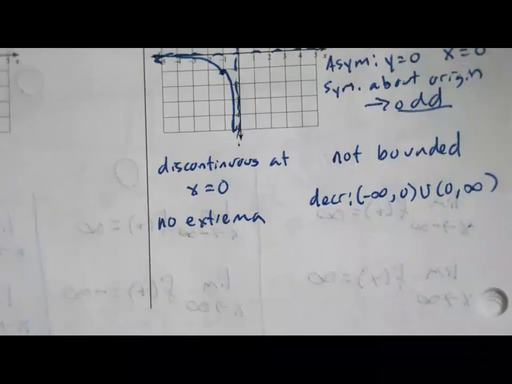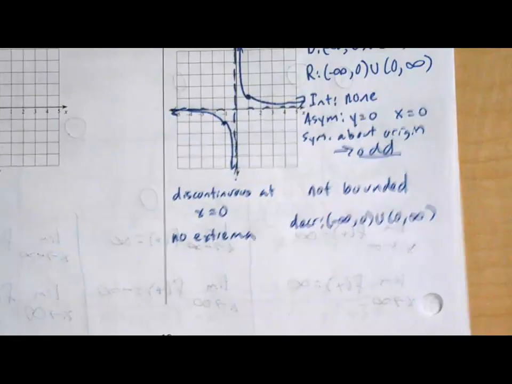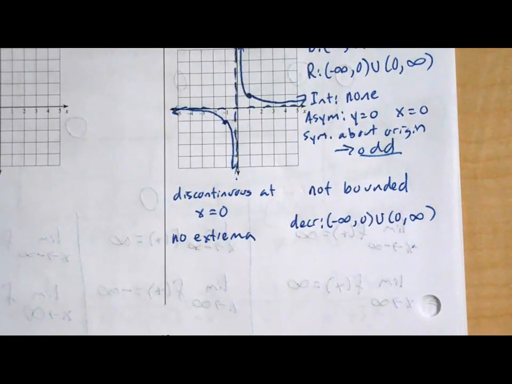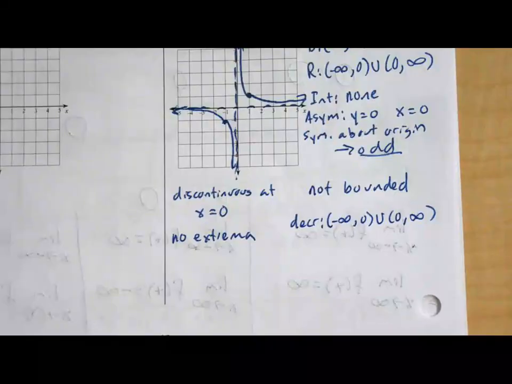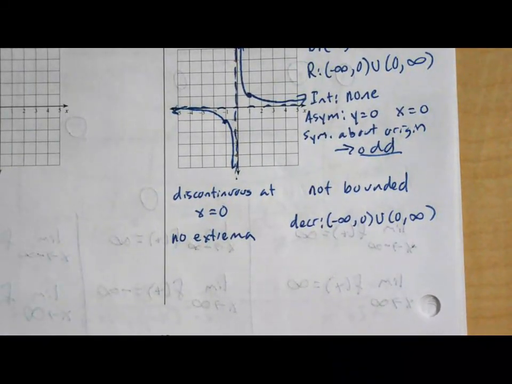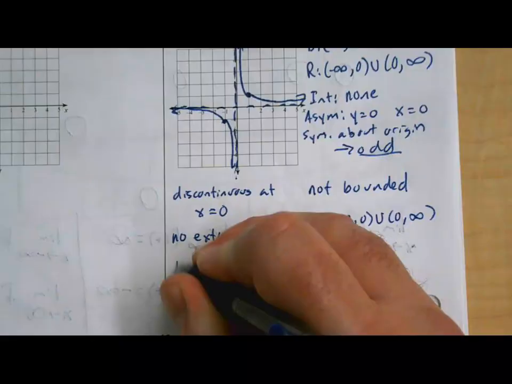And then finally, end behavior. And we just learned how to write end behavior. This graph's doing the same thing on the left and the right. It's not going up, it's not going down, it's leveling off to a value. So let's write the end behavior.